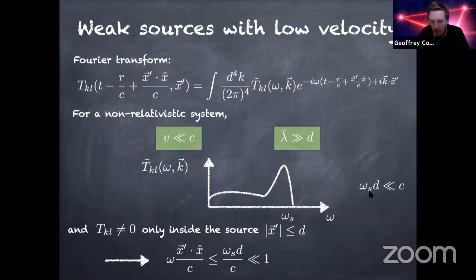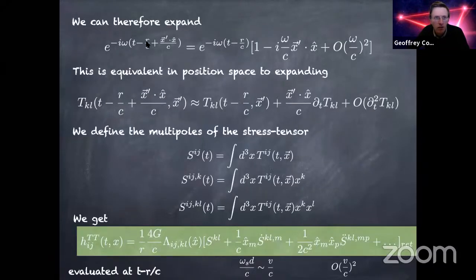Therefore, since omega d is less than c, which is part of the assumption, this is less than 1. So it means that in this Fourier decomposition, this exponential has a very small number in its argument. So we can take the first term and expand this term, which is a small number, like this.